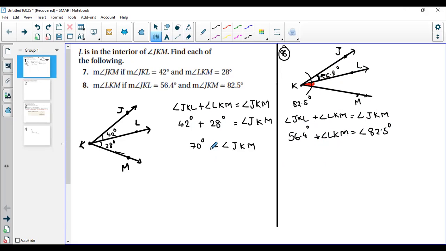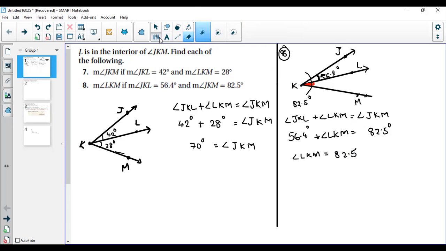Here, because it was added, we simply added them. But here, we need to find LKM. So what happens? This number moves to the other side. So that means we will be left with angle LKM equals 82.5. In fact, this sign is not needed here. I don't know why I wrote it.